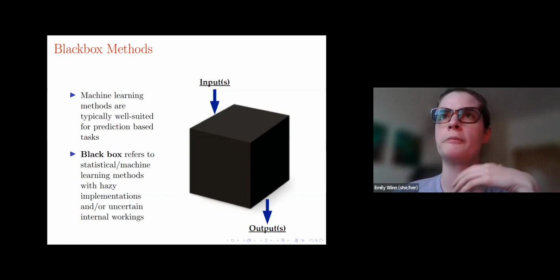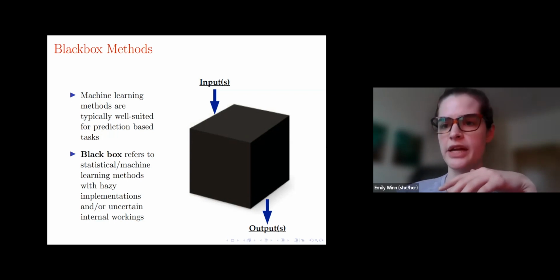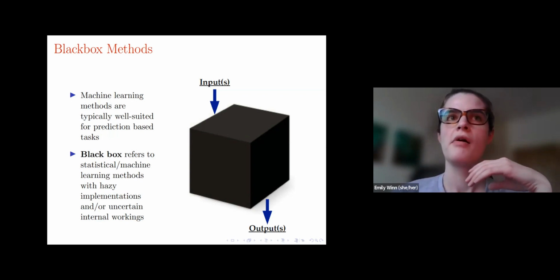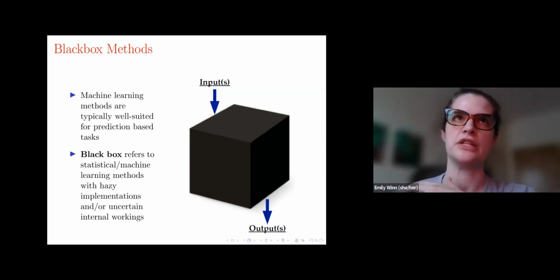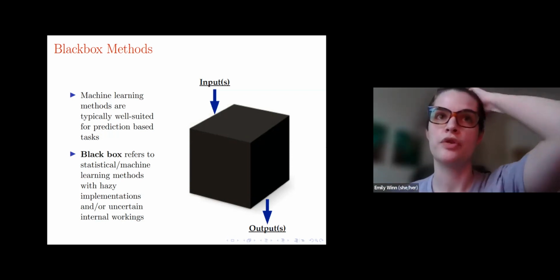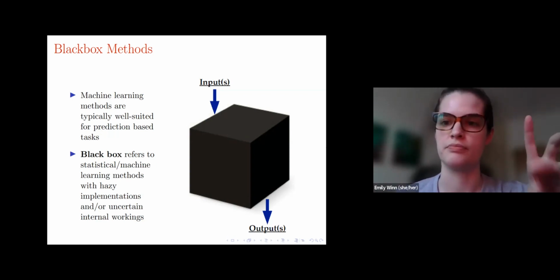So these are methods where we don't necessarily have a weight or effect size assigned to each covariate. We don't necessarily even have numbers that we can assign interpretably to the covariates. We just know that we put in data and we output data and it has a certain predictive accuracy.